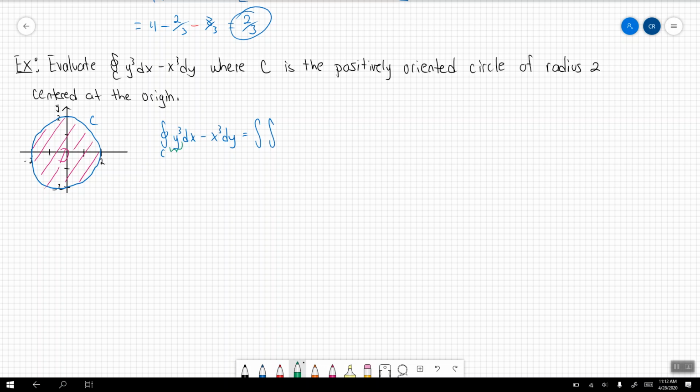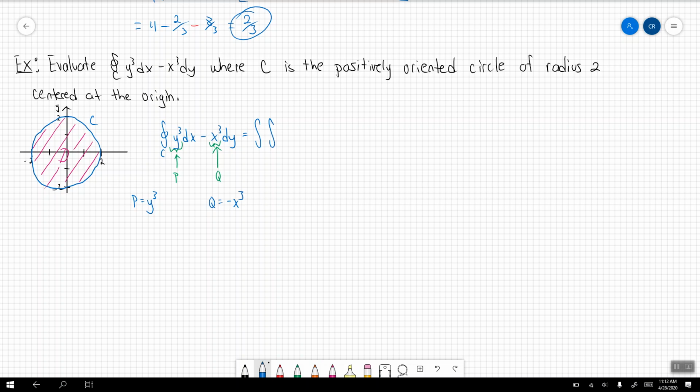Here's my p value, and this here is going to be my q value, which tells me that p is y cubed and q is, sorry, negative x cubed here. Negative x cubed, there we are.